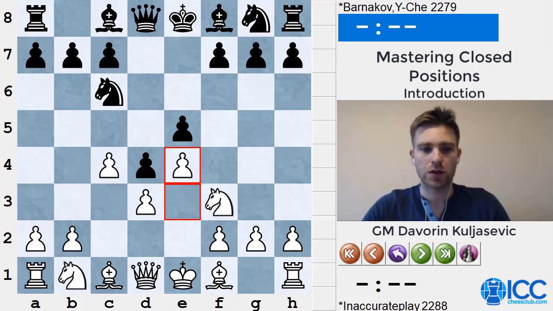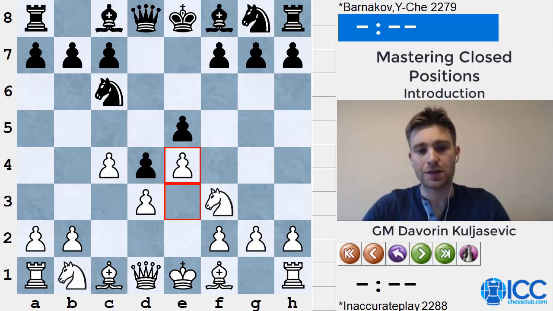Let's say the position that we have here on the board, you can see that, of course, the center is closed. This is the first prerequisite to consider a position closed. As I said, the importance of maneuvering increases. Also, there will be a lot of flank action. Since the center is blocked, most of the play will happen on either the queen side or king side.